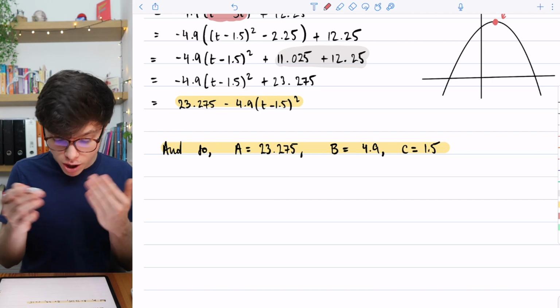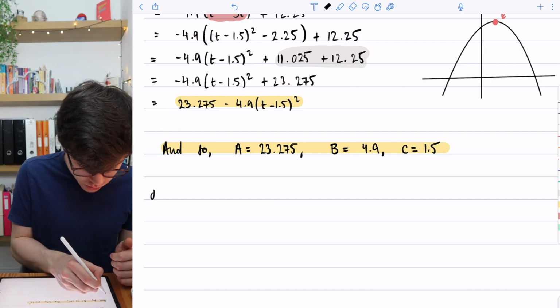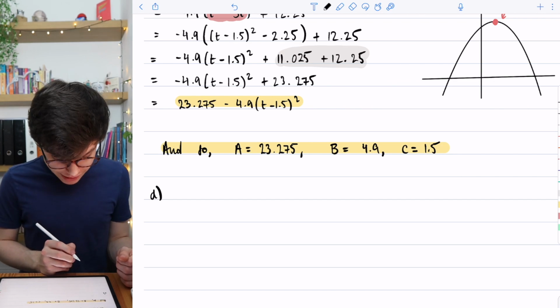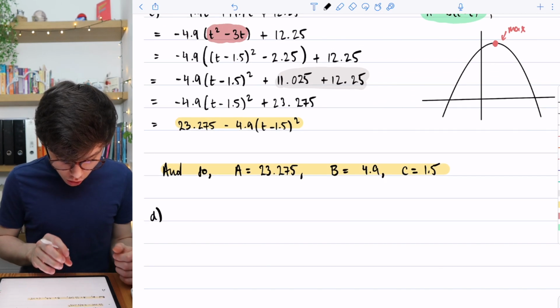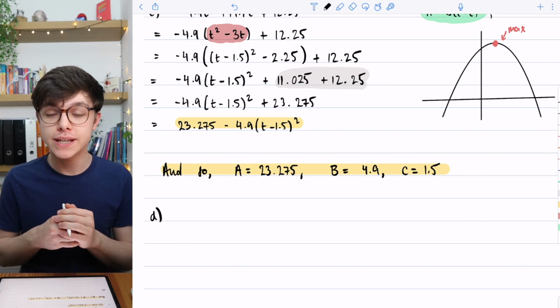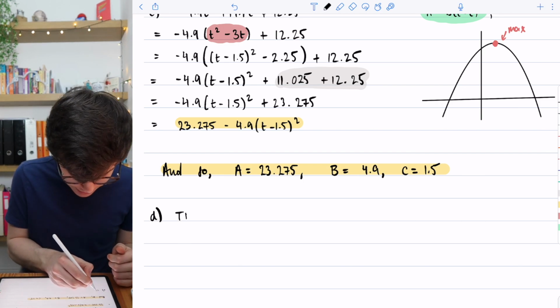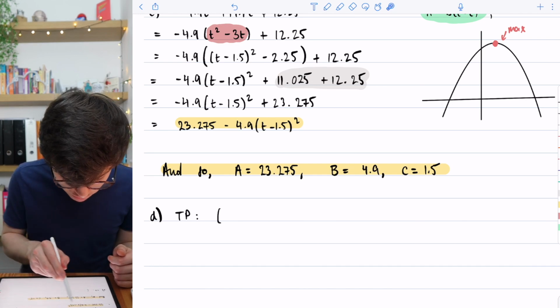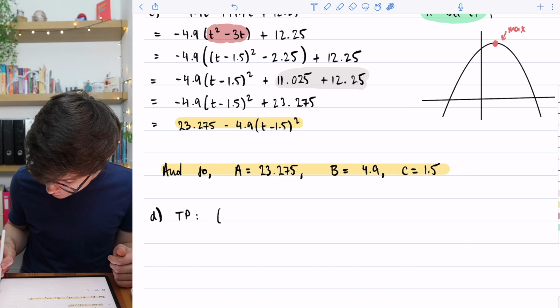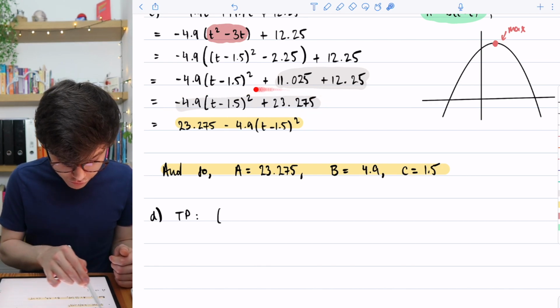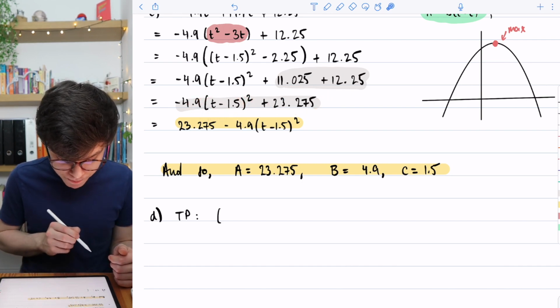So, turning point. We've just completed the square, so that's why it tells us to use part C. All I can do is take the turning point straight from completed square form. I'm going to write TP for turning point. If we look at it in this form, you might be used to taking the turning point from the form with our squared function first and then our constant.